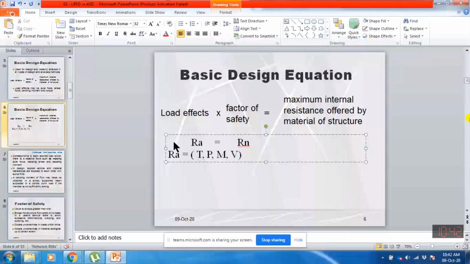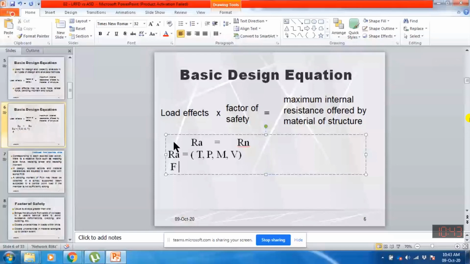So I would give you an example. For example, if the applied load is the tension or the compression P, we have a formula: stress is equal to P over A. So this is the stress.